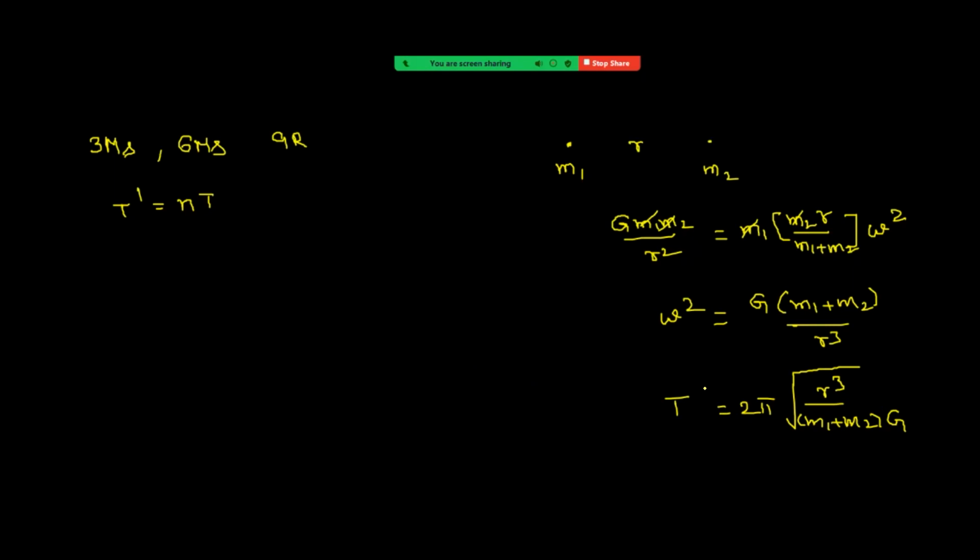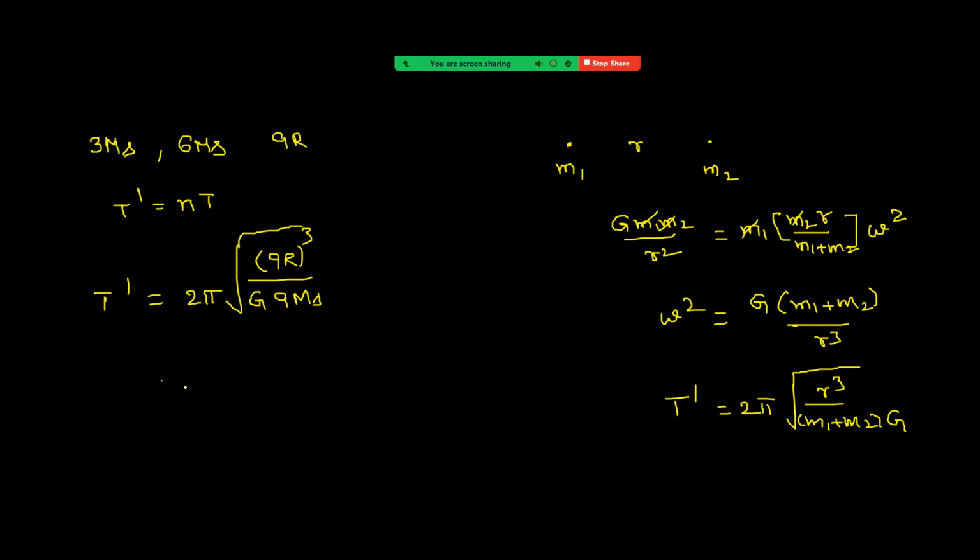Now substitute values in that. Let us take this as T dash. So T dash equals 2 pi root of R cube, where R is 9R, so 9R whole cube, upon G into the sum of their masses, 9 Ms. Right?